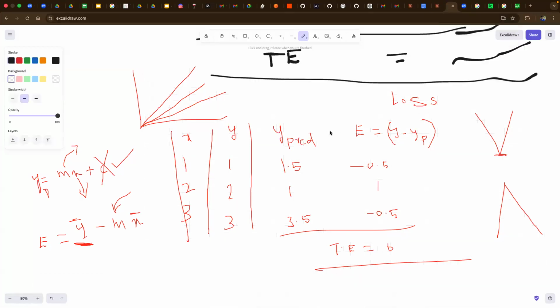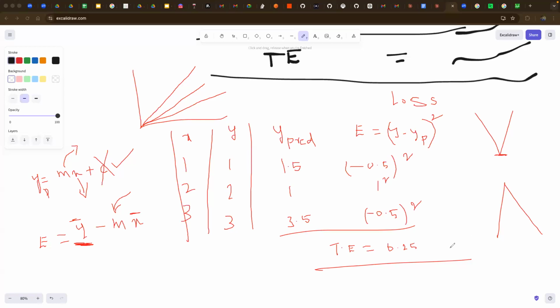So it is fine. To avoid that, people have come up with this equation. Just square it before you calculate it. If you square it, this comes out to be this, and 1 square and 0.5 square. Now if you calculate the error, 0.5 into 0.5 is 0.25.